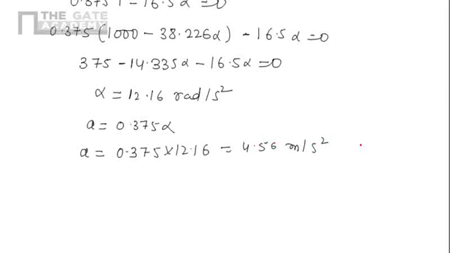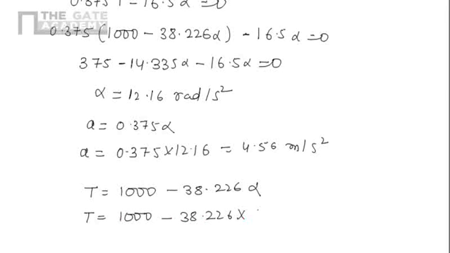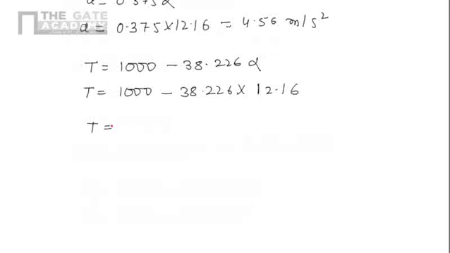Now put the value of alpha in the expression of T, that is T equals 1000 minus 38.226 alpha. The value of alpha we know is 12.16, so we can easily get the value of T.